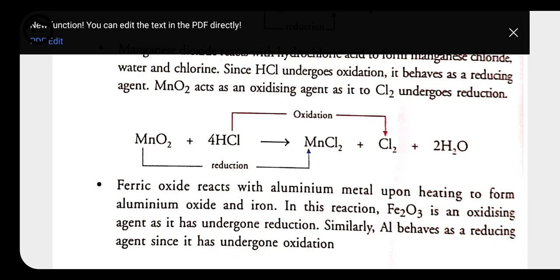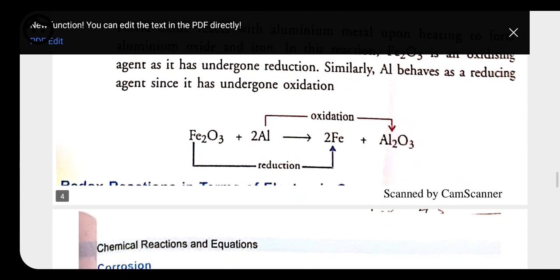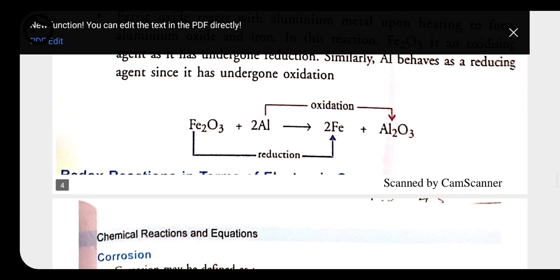Redox reaction is a reaction in which oxidation and reduction both take place simultaneously. Oxidation is the addition of oxygen or removal of hydrogen. Reduction is the addition of hydrogen or removal of oxygen. These are all examples of oxidation and reduction reactions.